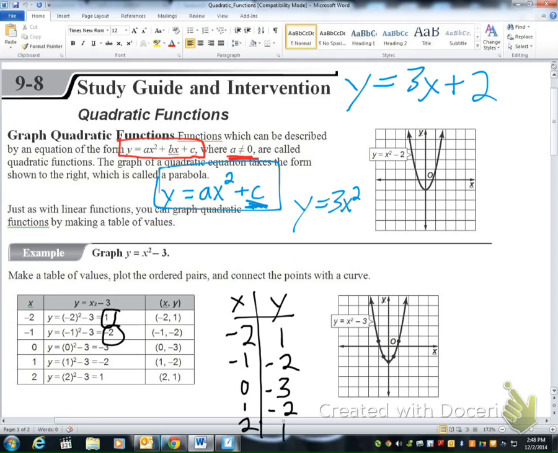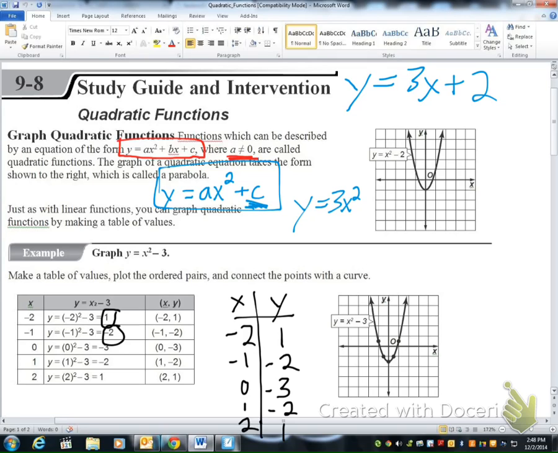So 1 is halfway over, and at 1 we have -2. So at -1, halfway this way, we also have -2. And at 2 we have +1, and at -2 we also have +1. So those are our points.